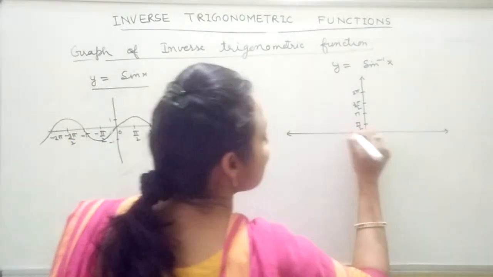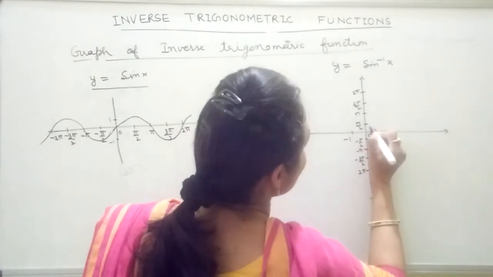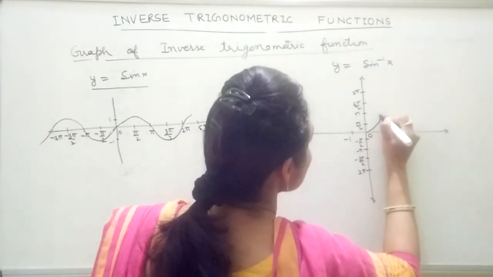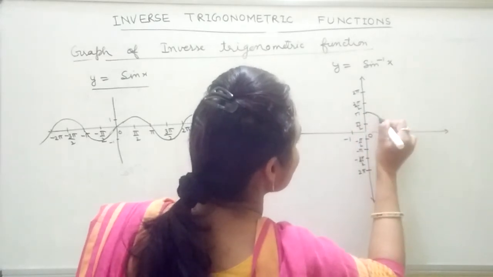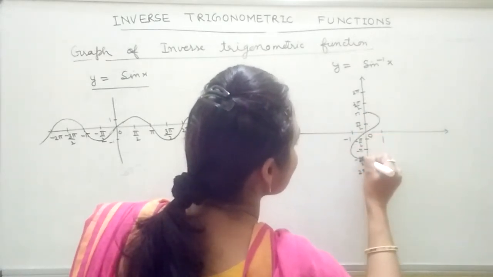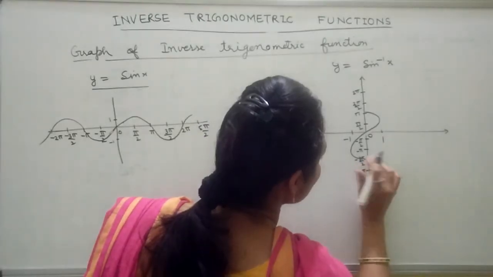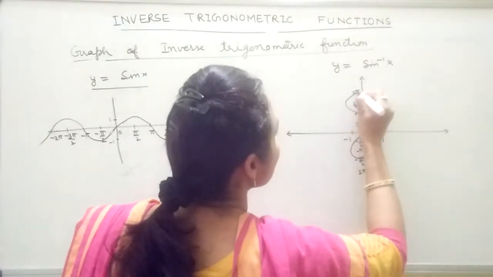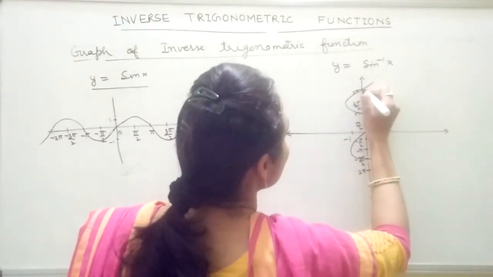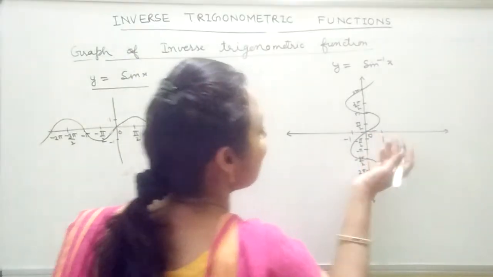This is minus 1 and this is 1. So how can we make the graph? Passing through pi by 2, then so on. This is pi. So this is the graph, but the axes are changed.